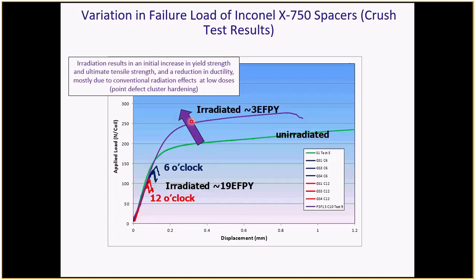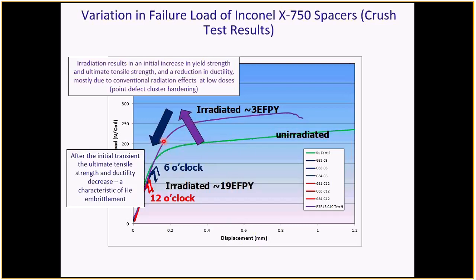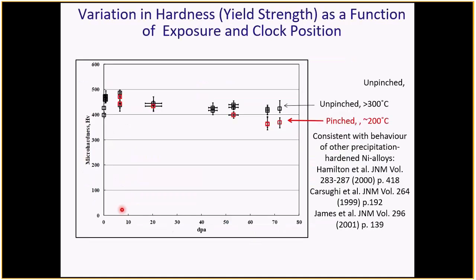So radiation hardens it as it would conventionally at low doses, but eventually, because of helium, it just keeps going. Radiation might saturate after a certain time, but the helium's going to keep going. So you may get some softening as well because of the dispersion of the gamma prime precipitates. But this is what's happening, and we're driving down towards this limit, which is worrying.